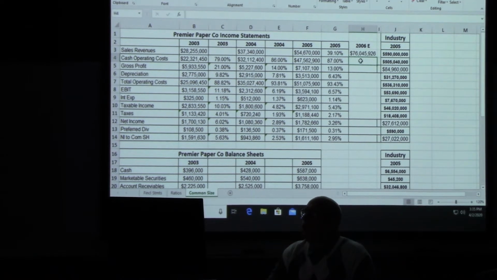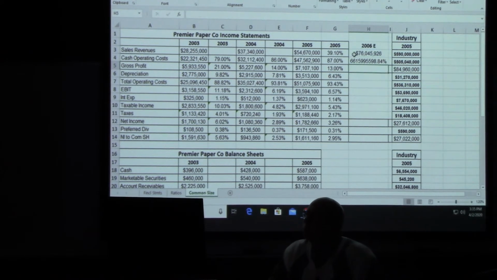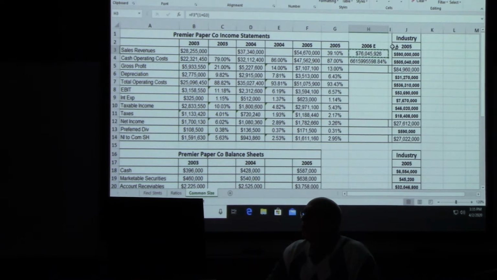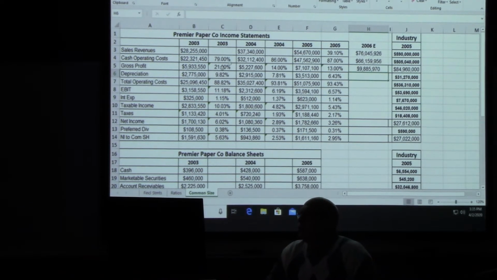So let's go ahead and stabilize this at 87%, equals this times 0.87. And let's turn this into a dollar number. All right. And gross profit is equal to sales minus cost of goods sold. So there's our gross profit.